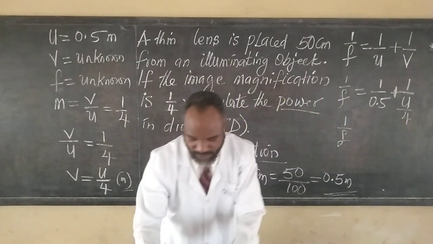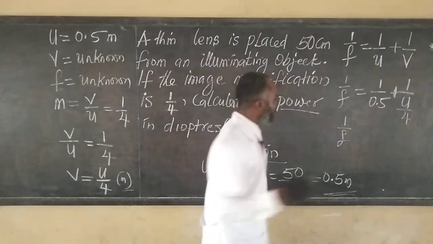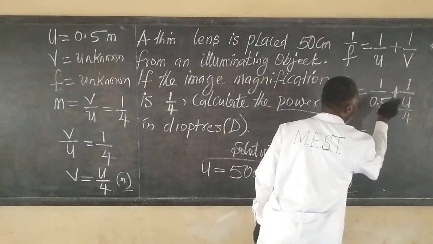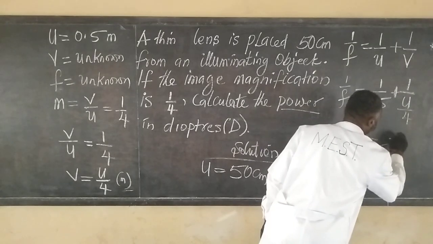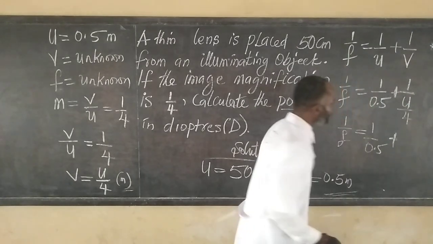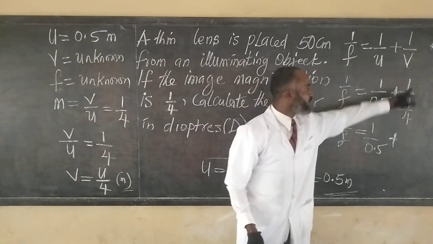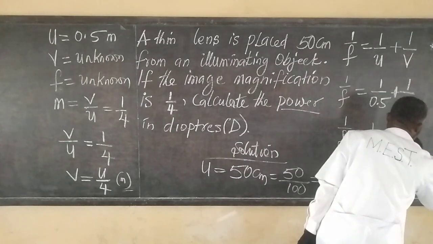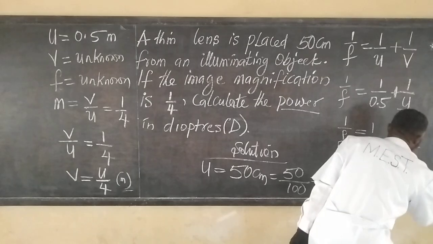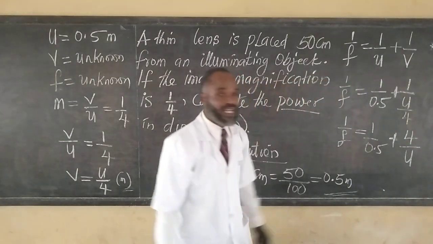We retain 1/0.5 the way it is, plus, watch this, if we transpose, the 4 goes up. u remains here, so 4 goes up and u comes down. We can now substitute for u.